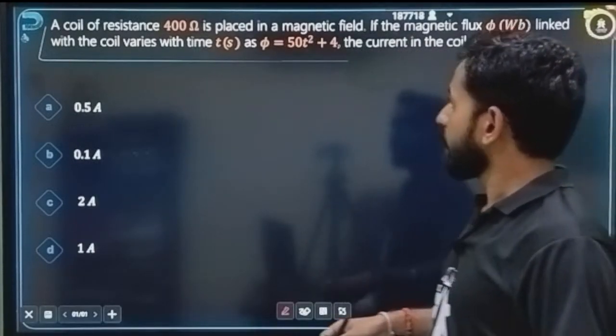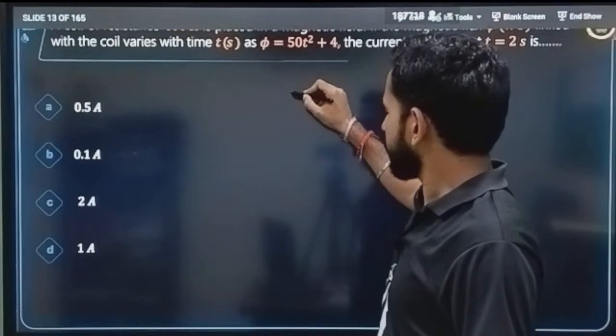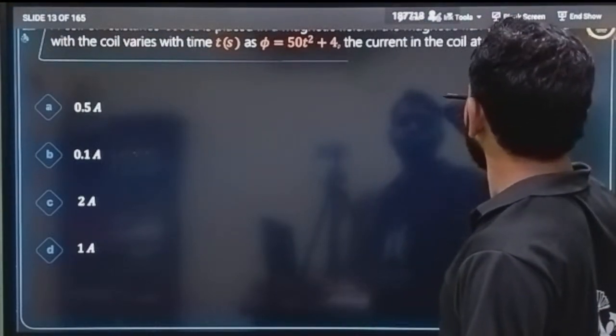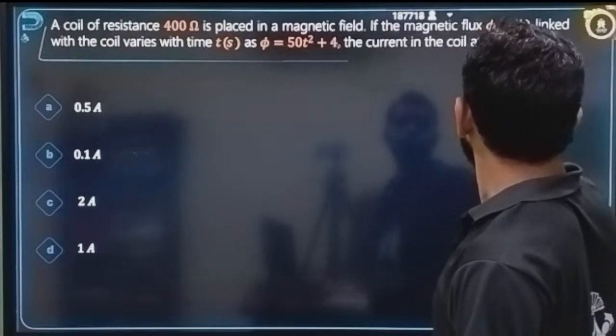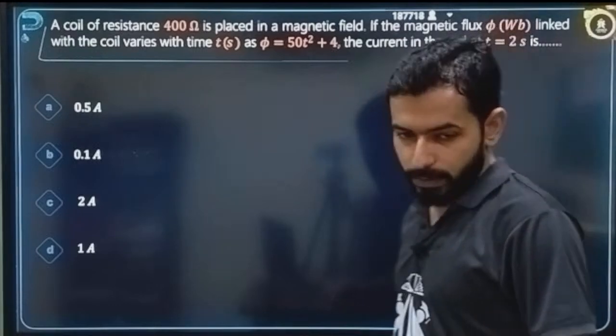What is the question? A coil of resistance 400 ohm. What is the resistance? Now what happened? Again it is gone. What is happening here?